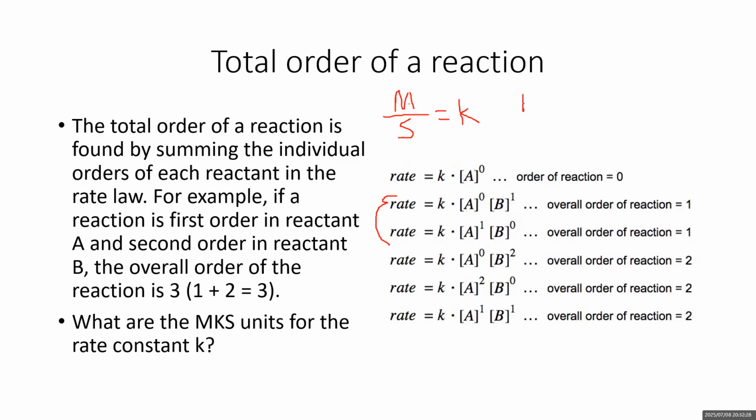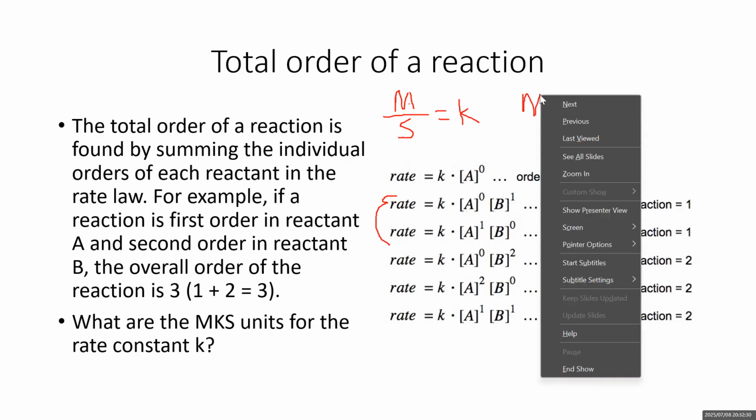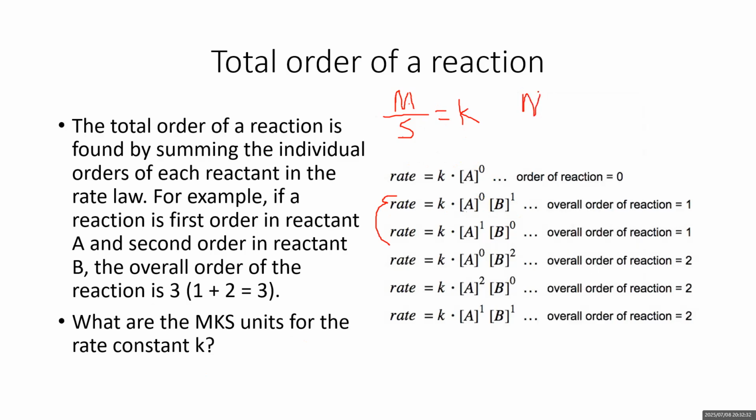So we have molar per second is K times molar, which are the units for concentration. Molar goes away here, and we have K as reciprocal seconds. For a first order reaction, K has the same units as Hertz.